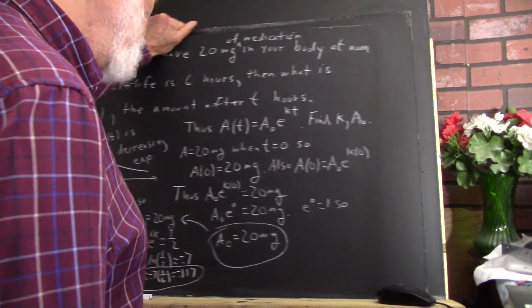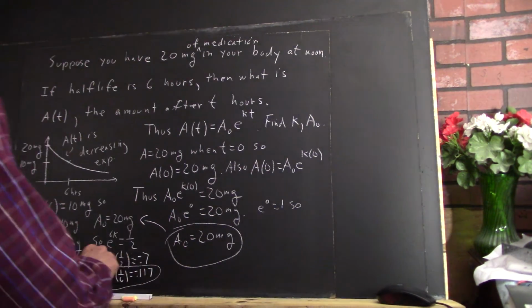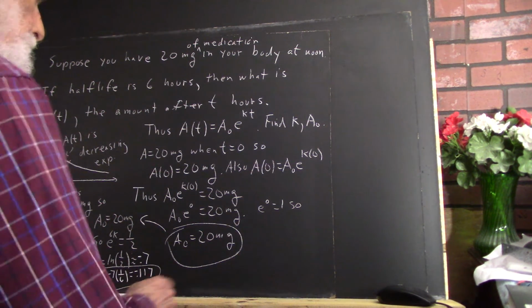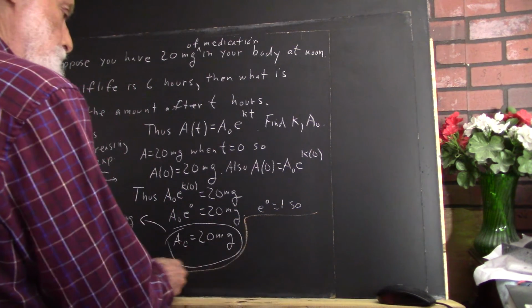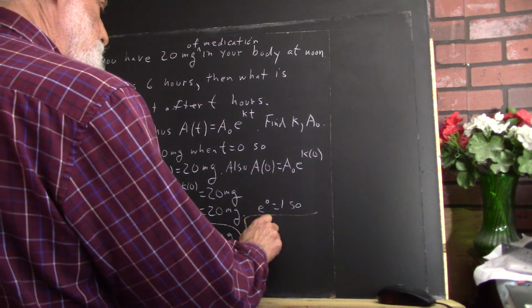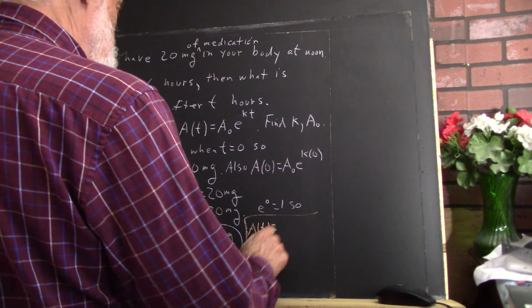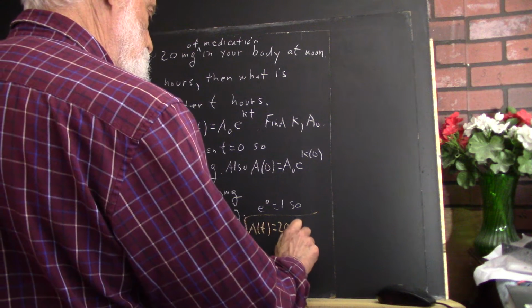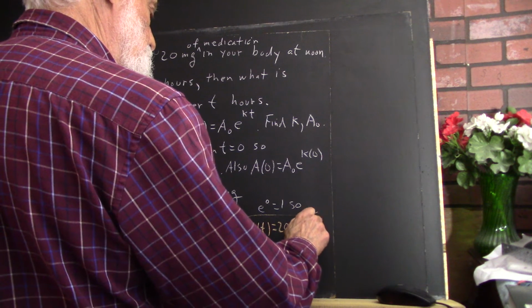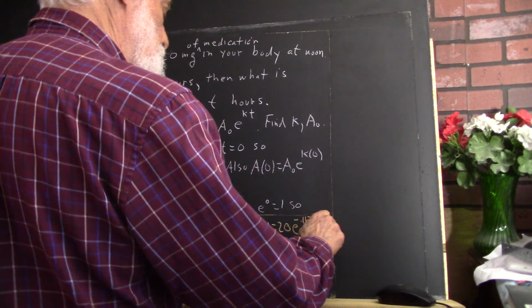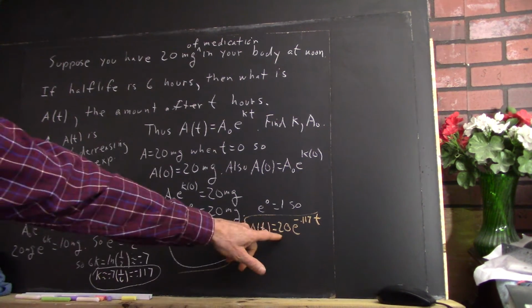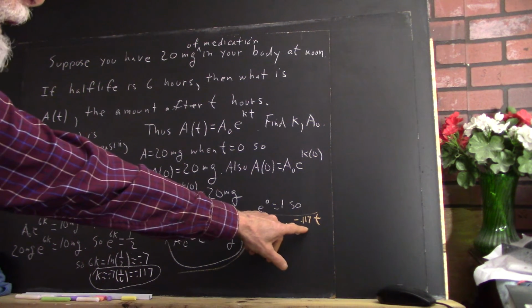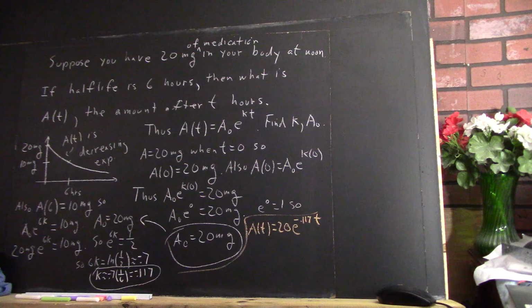And we conclude, now that A is 20, and we're going to understand that that's in milligrams, times e to the negative 0.117 t.